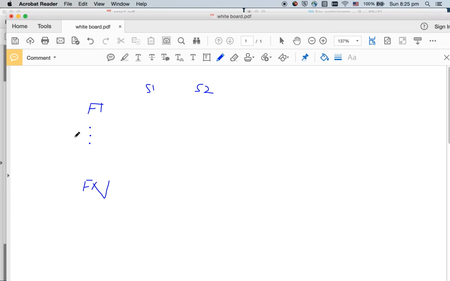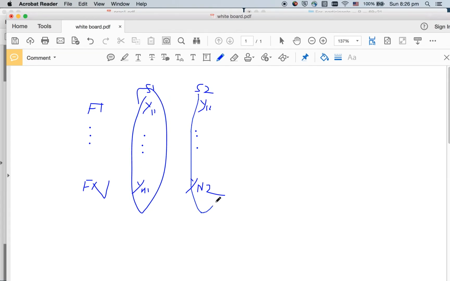So this is the number of records. So you have y1 to yn. Actually, this should be first record for first sib y11 and last record for first sib yn1. You can call, and this should be 1, 2, first record, second sib to the last record for the second sib, right?